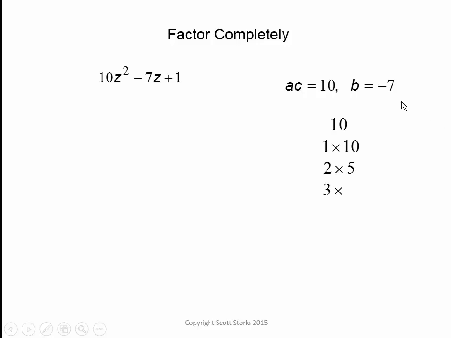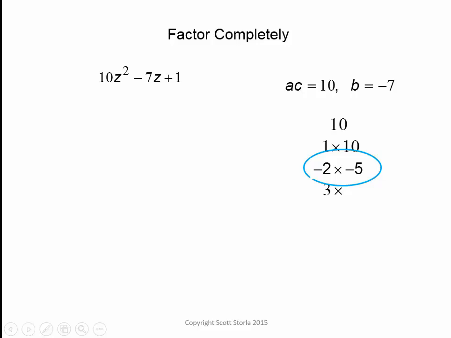The only one that might add to negative 7 is the 2 and the 5, but only if they're both negative. Before I move on, though, I'm going to check to make sure both criteria are met. Negative 2 times negative 5 will give us positive 10. Negative 2 plus negative 5 will give us negative 7. So I've found my pair.